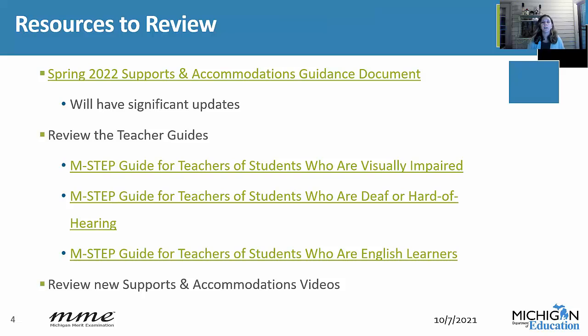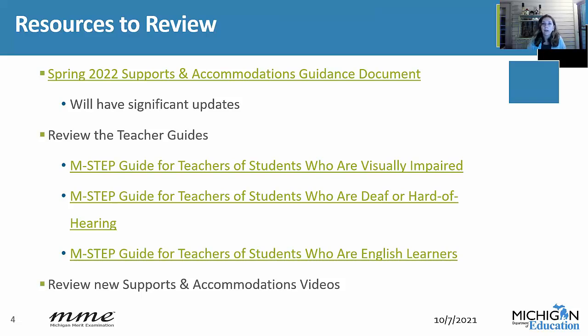This is going to have significant updates. Not that there's a lot of updates to what we're actually offering, because I've just reviewed with you what the major changes are in terms of additions to what we can offer for some of the statewide assessments, but the document itself is going to undergo some significant changes for readability and clarity around some of the supports and accommodations topics and information.